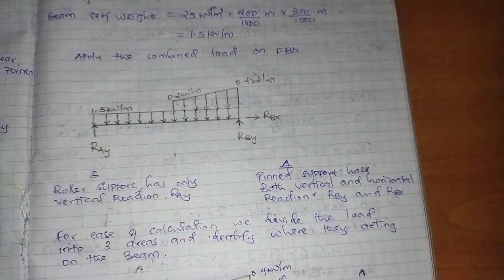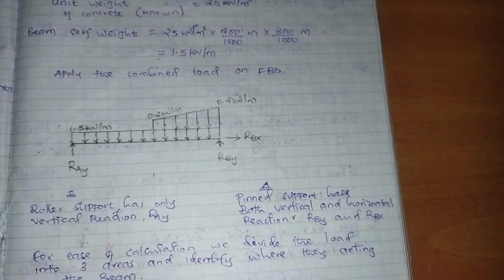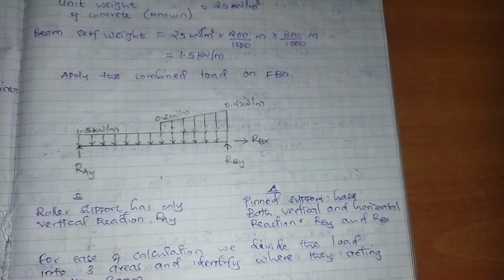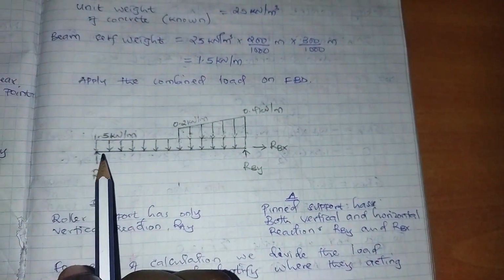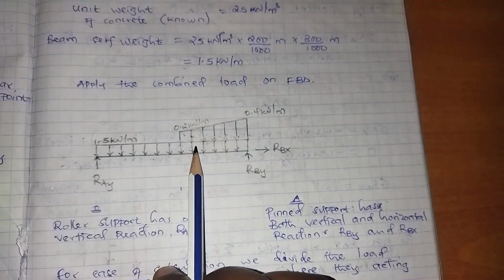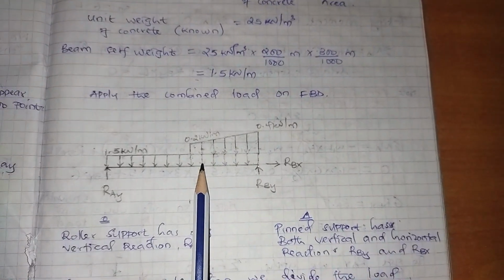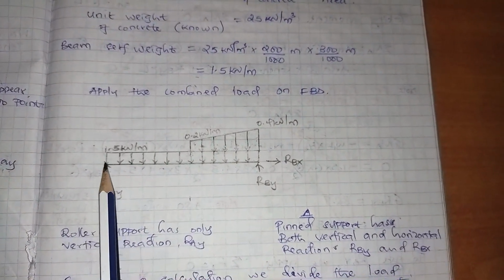So first, because we started to solve a real life problem, I went ahead and found the self-weight of the beam. The beam is a concrete beam, so it is supposed to have its own weight, and it has to carry itself.